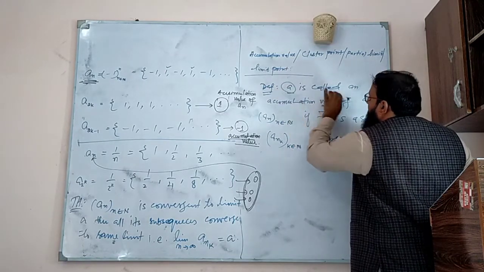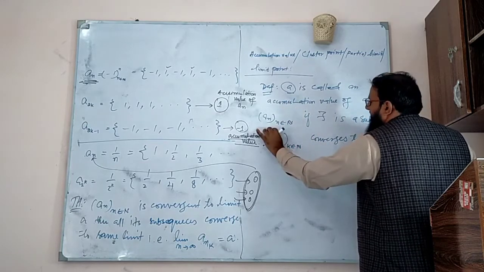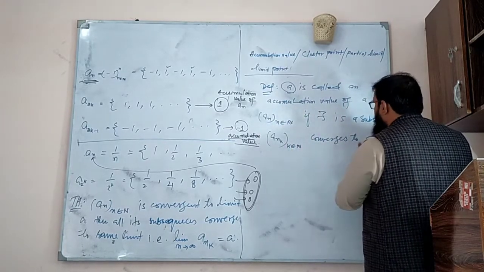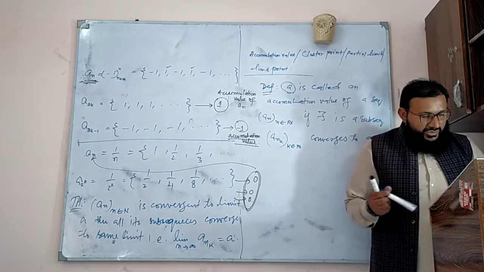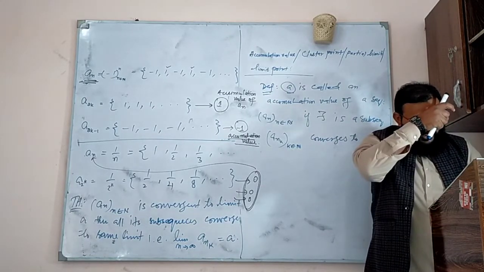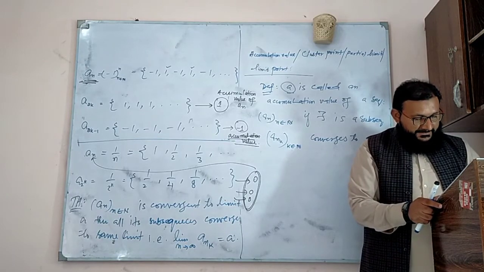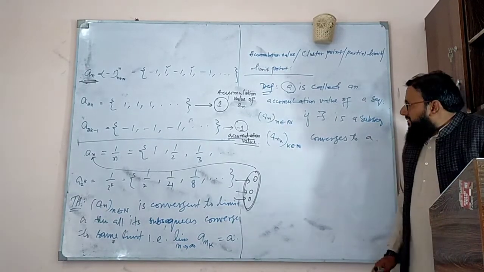If you pick a subsequence which converges to a, then a is called an accumulation value, also called cluster point, limit point, partial limit, the limiting amount of a subsequence.